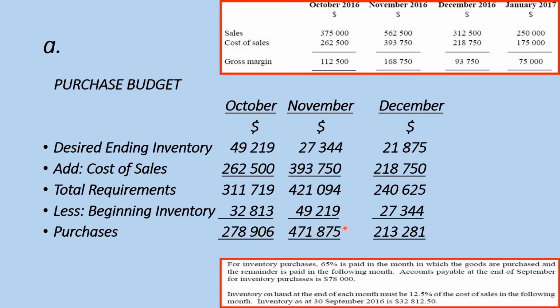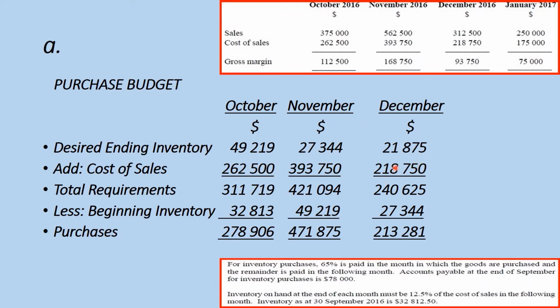Then we do the same thing again all over. The ending inventory here becomes the opening inventory here, and we take 12.5% of the next month, January, 175.